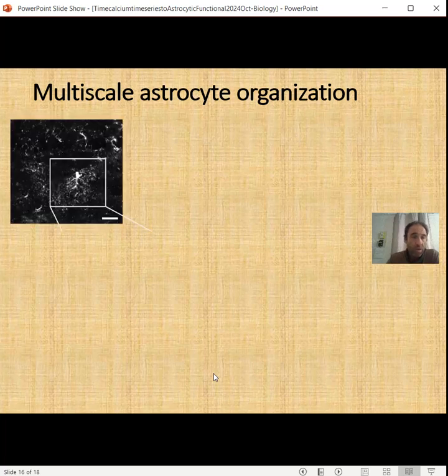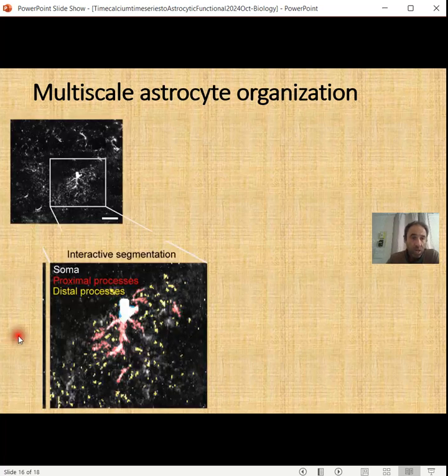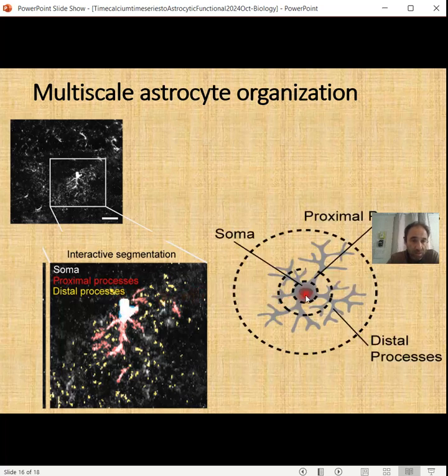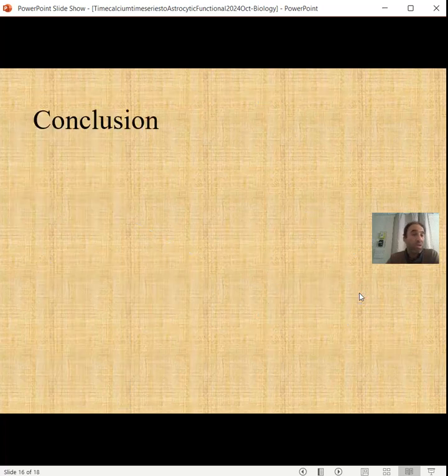So there could be multiple astrocyte organizations, and this is understood also at the subcellular level, where there could be 3 distinguished regions: the soma, the second region, which is the proximal processes, and then the distal processes. And the distal processes are involved in shaping the network of astrocytes.